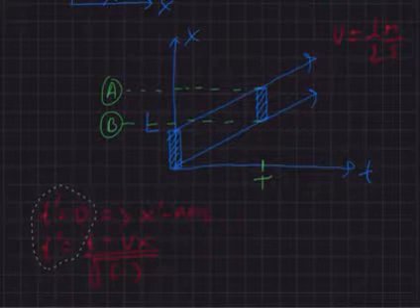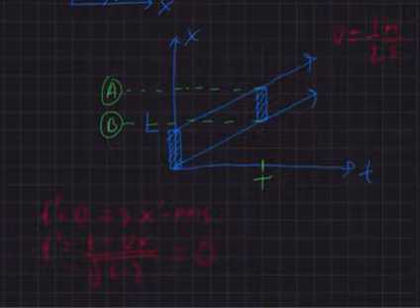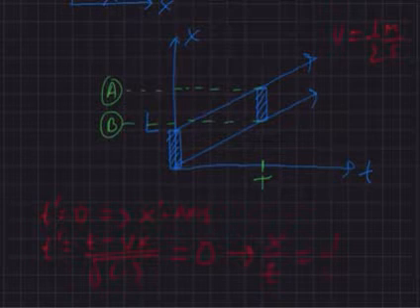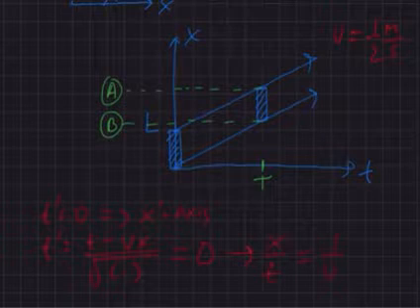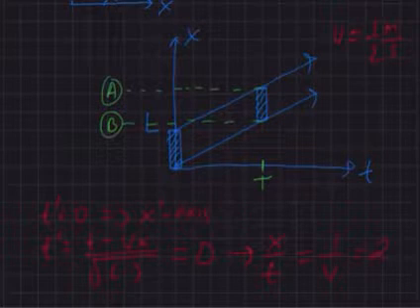Therefore, I can write that the ratio or the slope of x versus t is simply 1 over v. Notice here that v is 0.5, so the slope is 2.